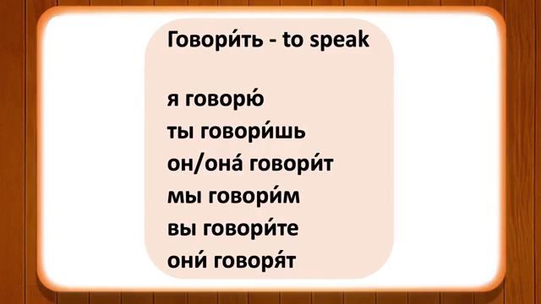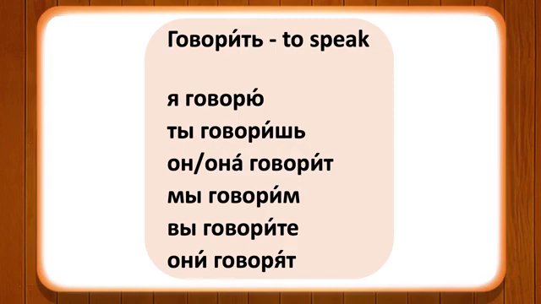Gavarich means to speak. The stem of the second conjugation verb gavarich is gavor. After removing the last three letters, you get the stem of the verb gavor. And to this stem, you add those corresponding endings to get the present tense form of the verb gavarich.